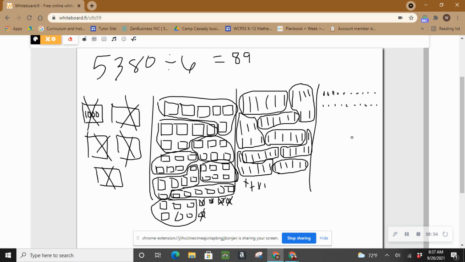Ten more, because I'm going to have 40 in all. And then the last 10.